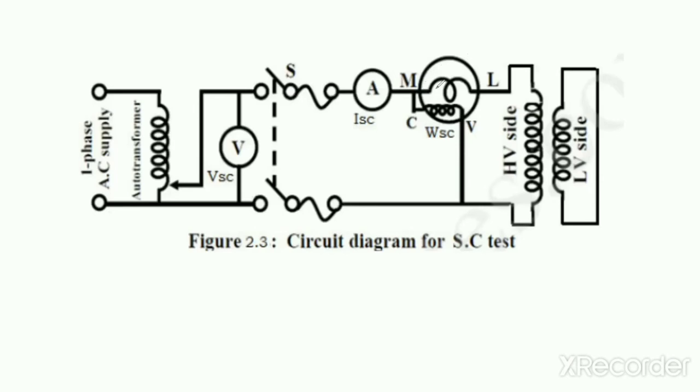By switching on the supply and varying the autotransformer until the ammeter shows the rated current, we then note down the voltage VSC and WSC.